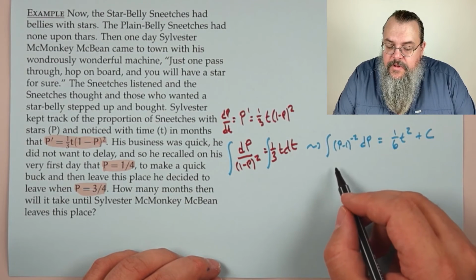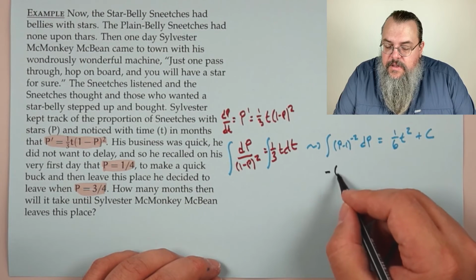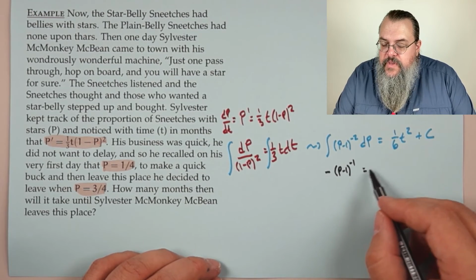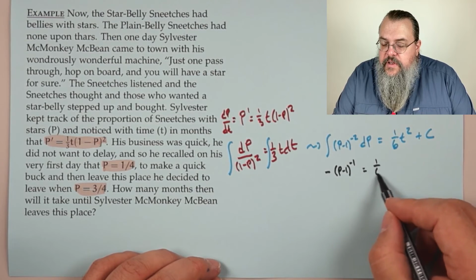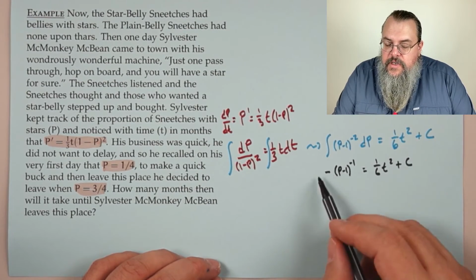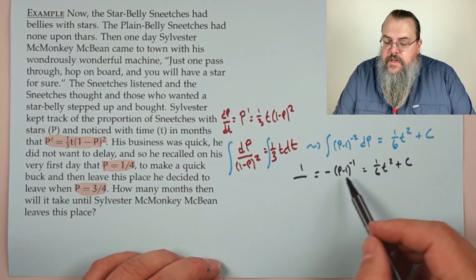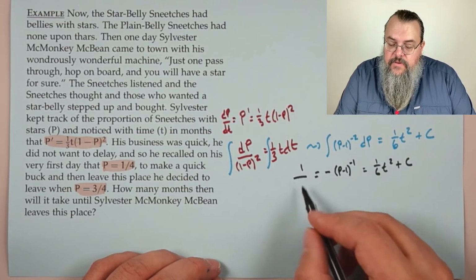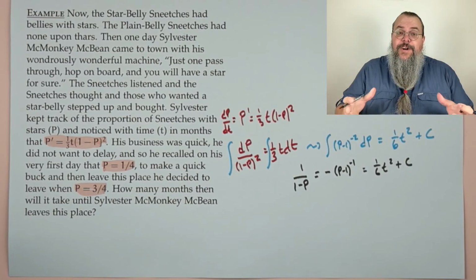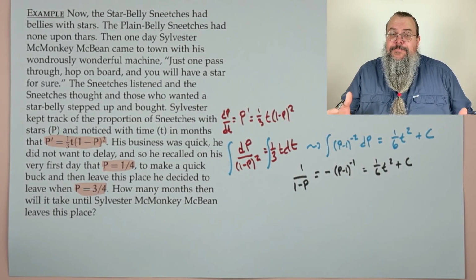So it'll become 1 over minus 1 makes a minus, and then we have p minus 1 to the minus 1 power equals 1/6 t squared plus c. Or, if you like, I can write this as 1 over p minus 1, but there's a negative, so I'll write it as 1 over 1 minus p.